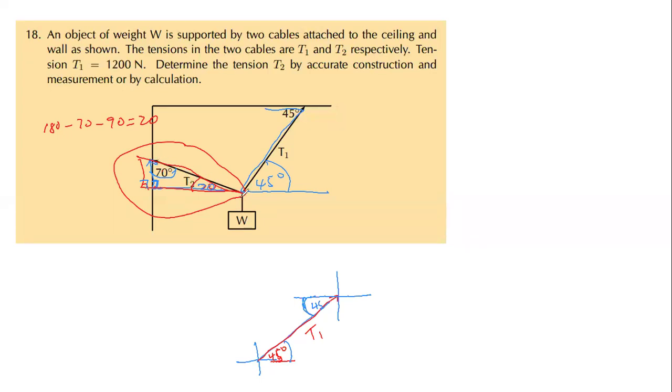If I'm counting from here, the angle here is 20. So from 20 degrees here, I'm going to draw another line going that way, with the red pen.